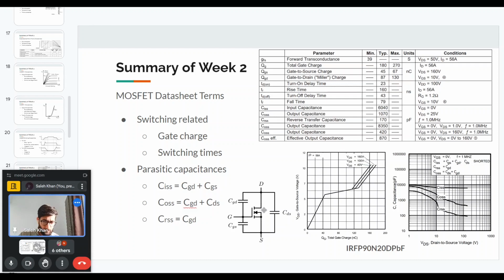Why VDS must be greater? Greater than what? Can you clarify your question? Okay, VDS greater than 75 volt. So basically, it means that the circuit that we are operating, for example, here it was a boost converter.